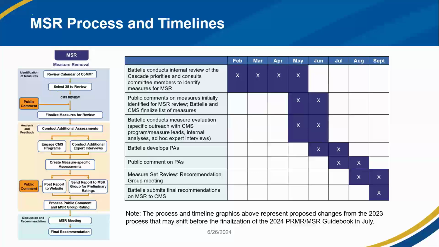So we're kind of in this June, July timeframe. And those preliminary assessments will go through public comment again in July. And then we'll have a measure set review meeting in the fall. Next slide.